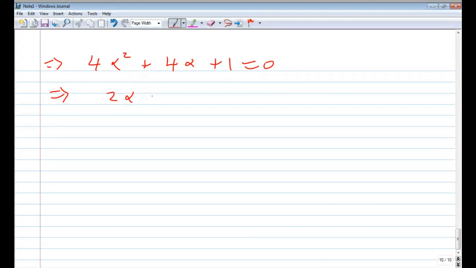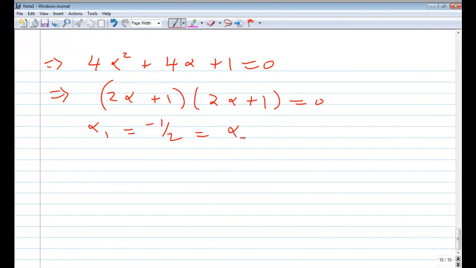So it's 2 alpha plus 1, 2 alpha plus 1 equal to 0, isn't it? So alpha 1 equal to minus half, which is equal to alpha 2.